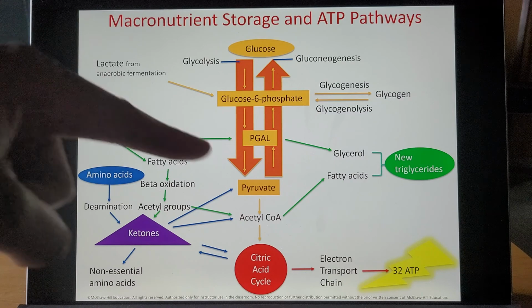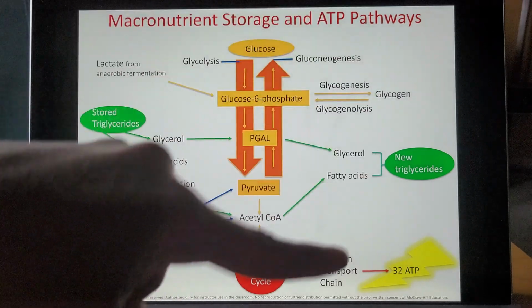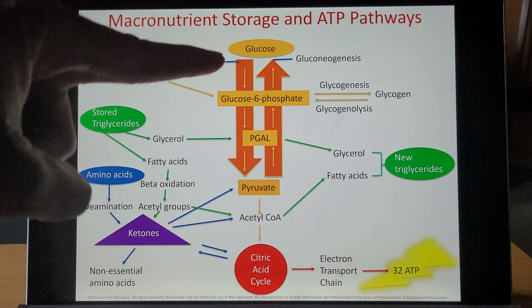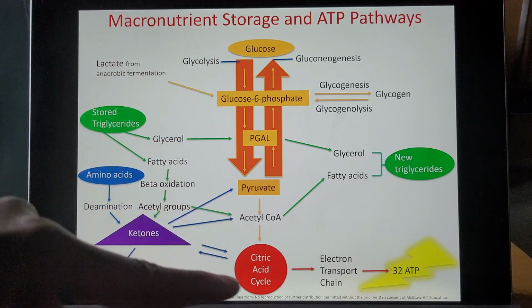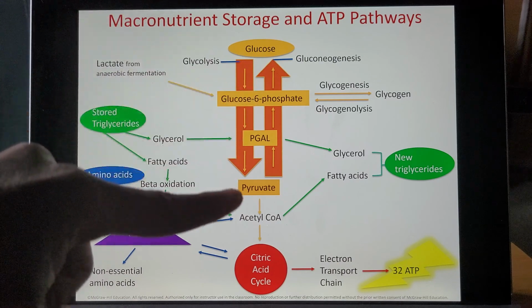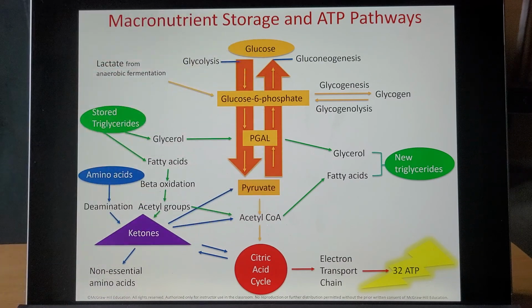So we're going to look at our carbohydrates. There's our glucose monomer. So how we actually take glucose, break it down, and eventually extract the energy out to make ATP. As you can see, we've got arrows going in different directions. So we can break down glucose, but then we can also take it and go back to glucose. We can go back and forth with the storage of glucose.